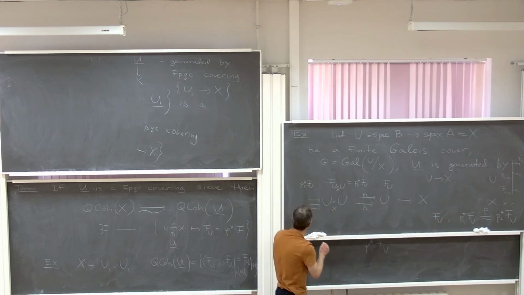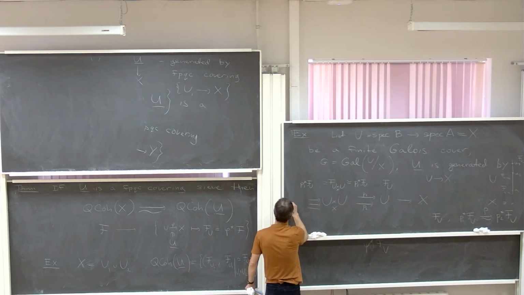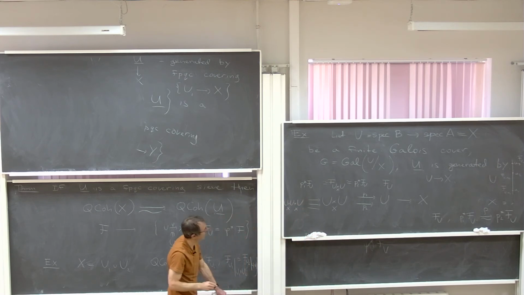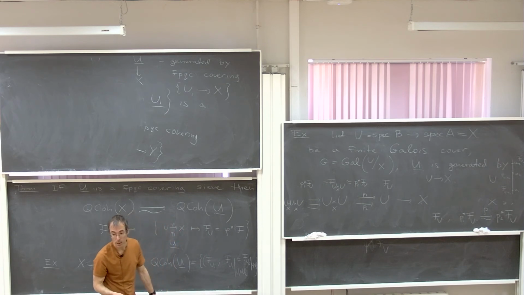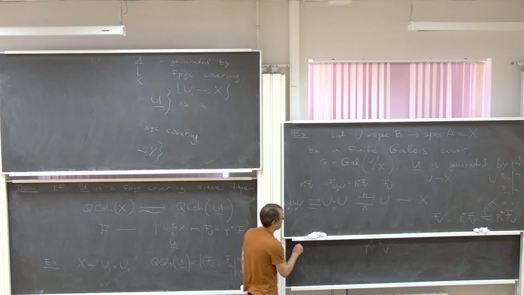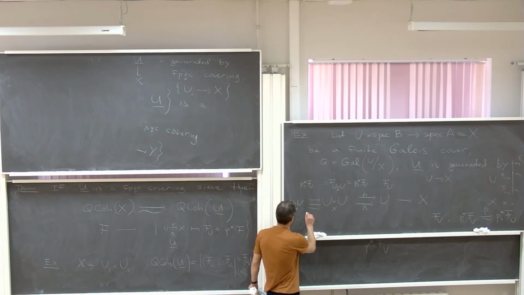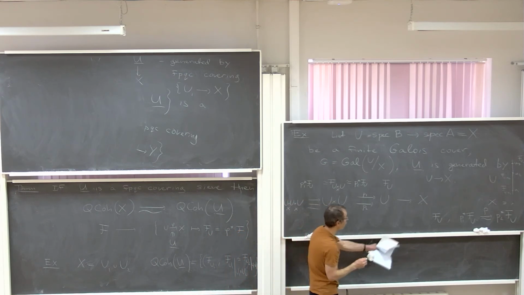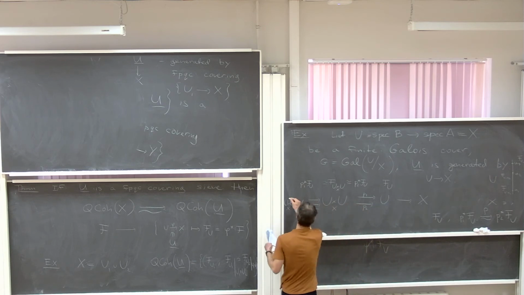Let me formulate it now precisely. So I have U times U times U over X. What is this? I will consider two sheaves on this scheme.